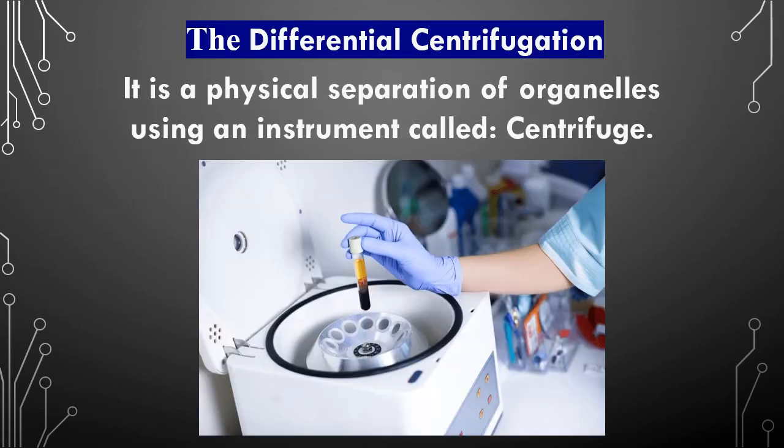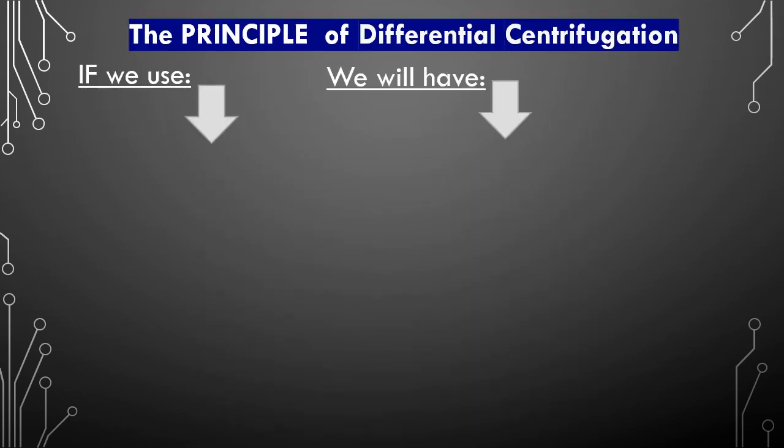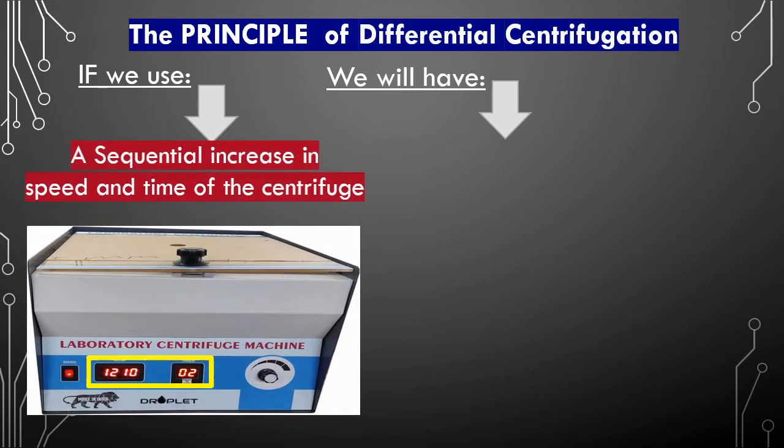Differential centrifugation is a physical separation of organelles using an instrument called a centrifuge. This instrument is shown in this figure. The principle of differential centrifugation is that we use a sequential increase in speed and time of the centrifuge.